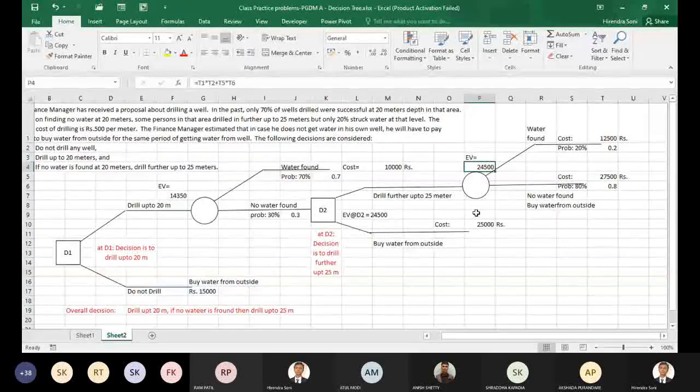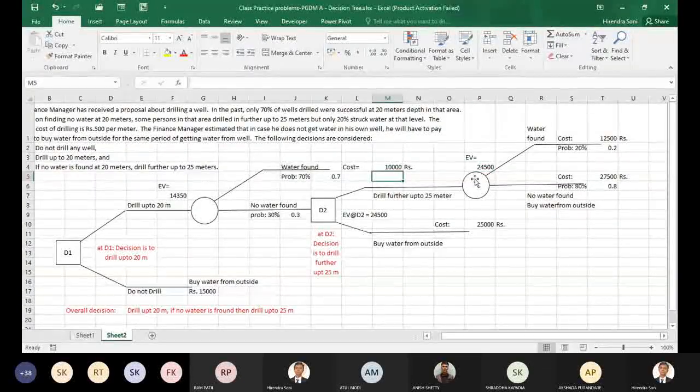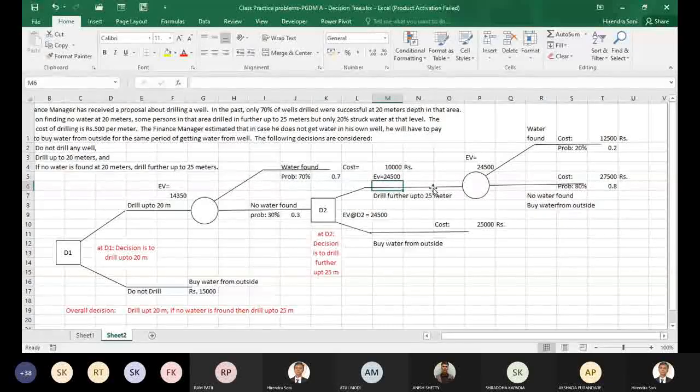That means for this activity, if I drill further up to 25 meters, my expected value would be 24,500. So EV equals to 24,500 for this. Fine.